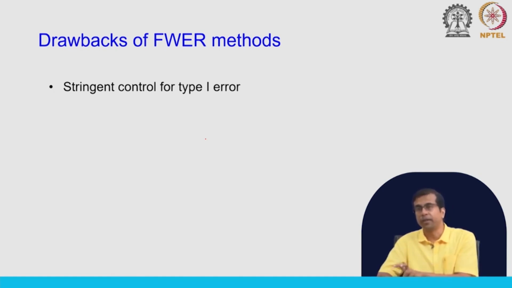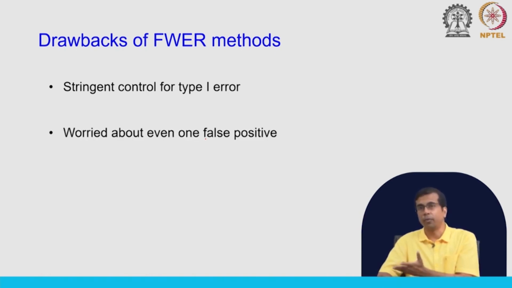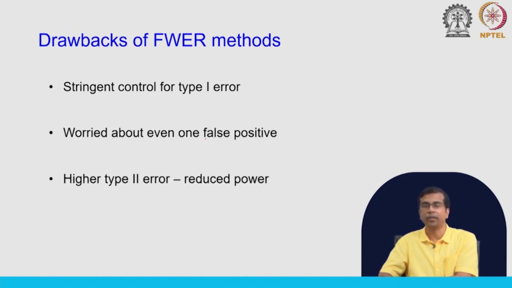So, we are worried about even one false positive out of these 10,000 tests, and as a consequence the type 2 error is higher in these methods, and we have reduced power. Higher type 2 error means we have more false negatives, where h naught is actually false but we are not rejecting h naught. So, this leads to a lot of false negatives.